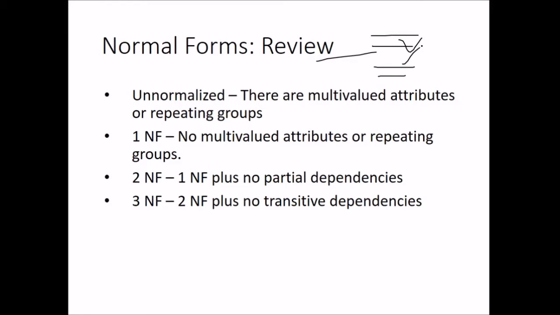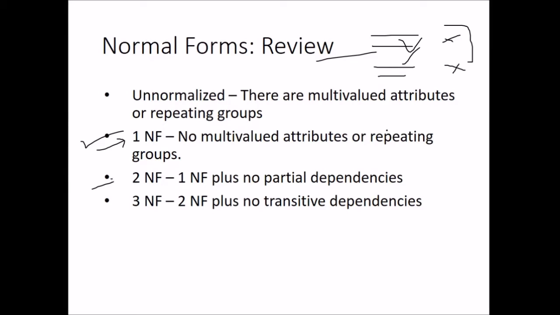So now the database cannot be in a normal form, it is unnormalized. Now if we come to 1NF, if you remove these repeating rows or tuples, so that no multi-valued attributes or repeating groups are there, we say the database is in 1NF. We have normalized it to 1NF.